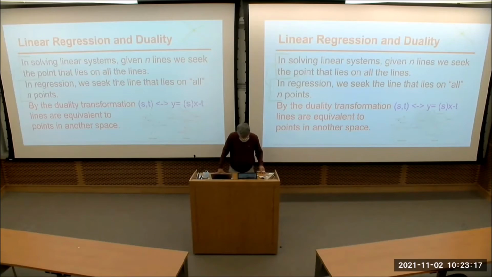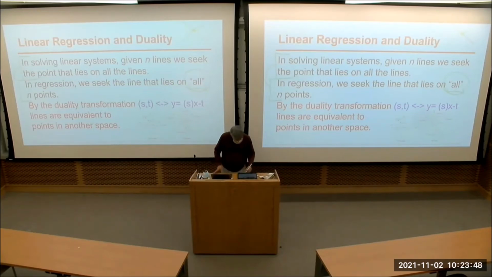One is that we swap the words line and points, and the other is that the line that we're seeking isn't lying exactly on all the points. When you're solving a system of linear equations, you're seeking the point that lies exactly on the lines. This is what makes regression a harder or different problem.